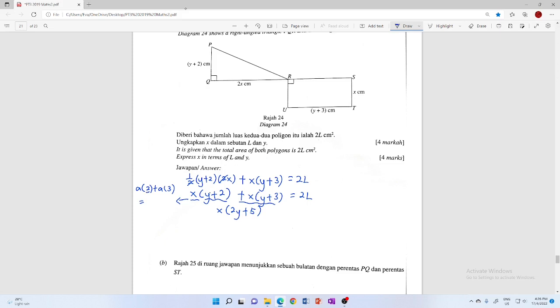So the inside we have to add up, 2 plus 3 is 5, so 2 apples plus 3 apples is 5 apples, a plus 5 is 5a. So the inside we have to add up together, equals 2L, and so x equals 2L divided by 2y plus 5.